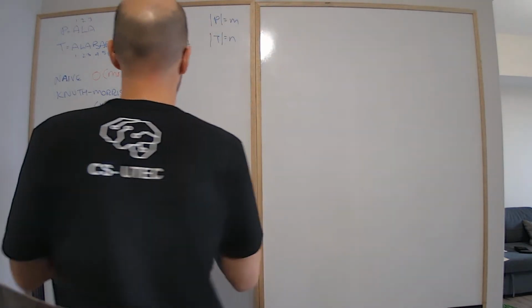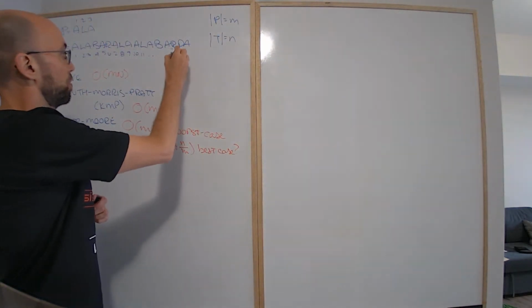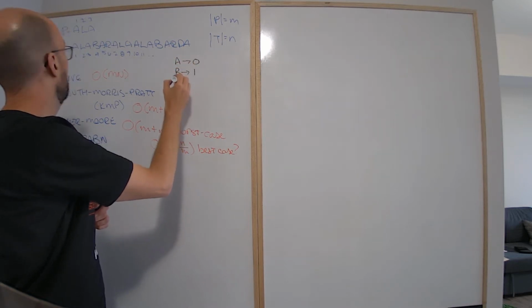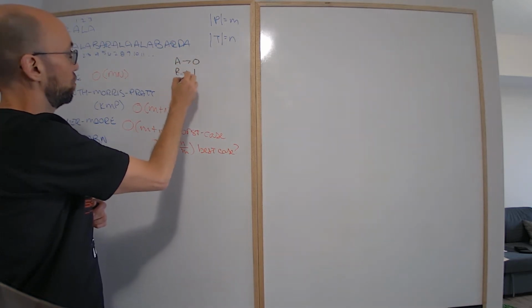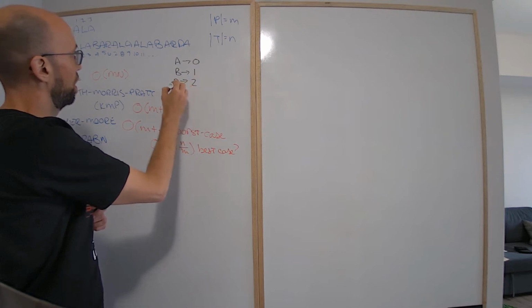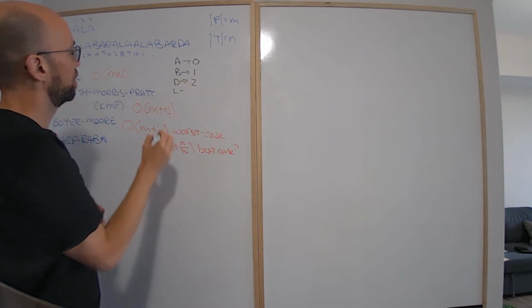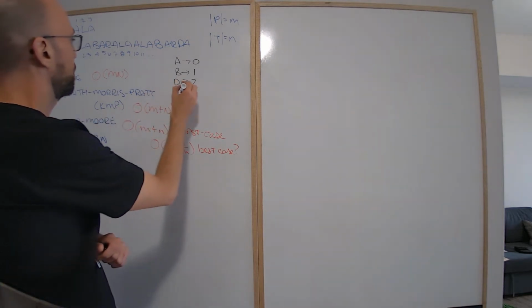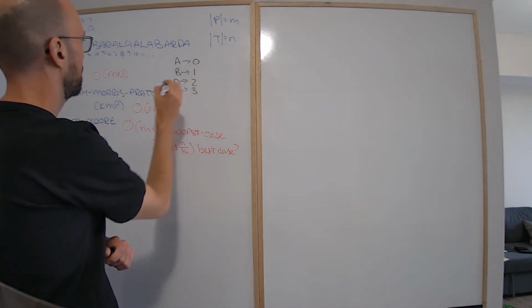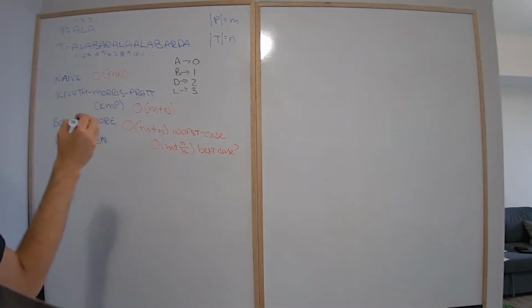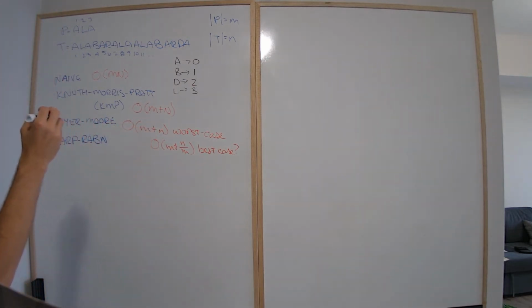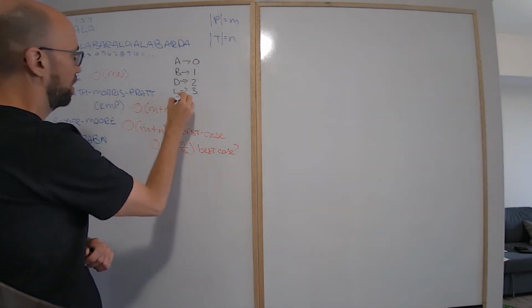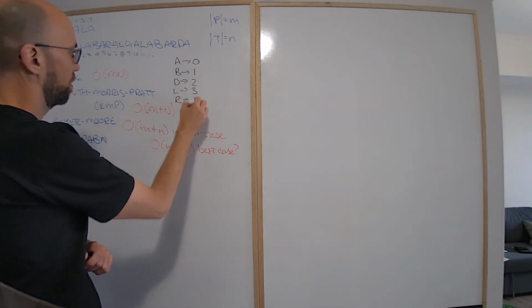So let's just say that we're going to map A to 0, B to 1, D is 2, L is 3, and I think R is 4.